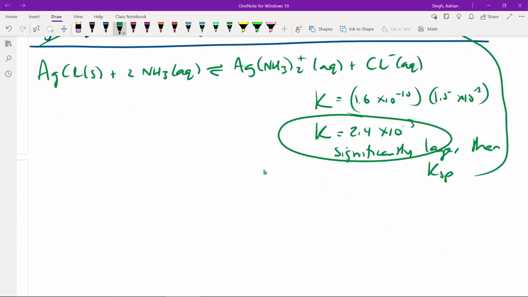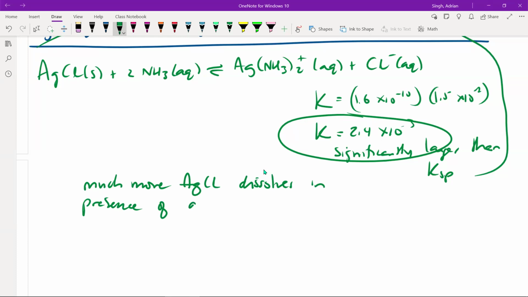So much more silver chloride can dissolve in the presence of aqueous ammonia than in pure water.